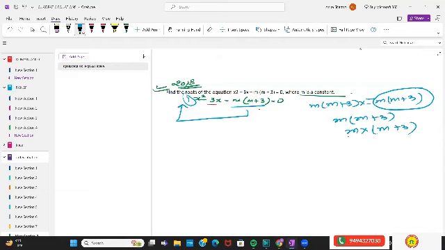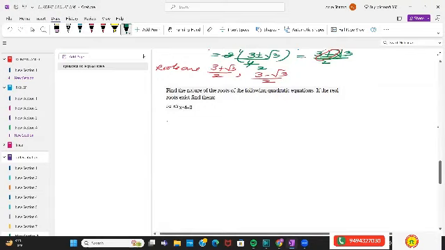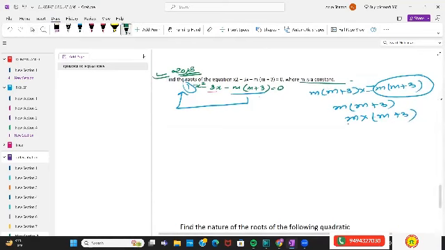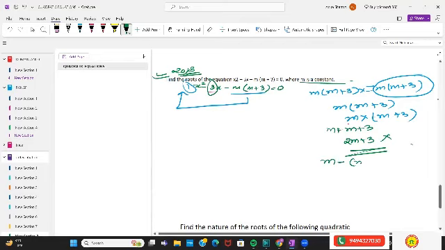Right? So add them first of all. Add them. M plus m plus 3. Then it will be 2m plus 3. So our motive is not solved because we want 3 only. Now subtract them. M minus m plus 3. So it will be m minus m, cancel, then minus 3.